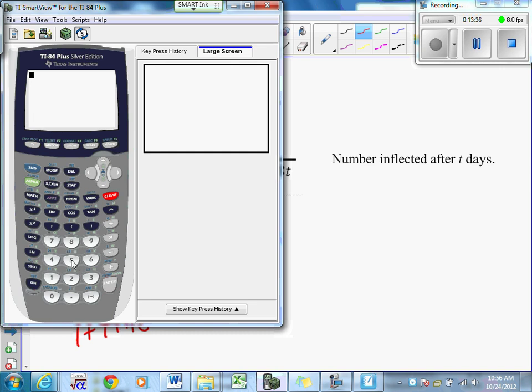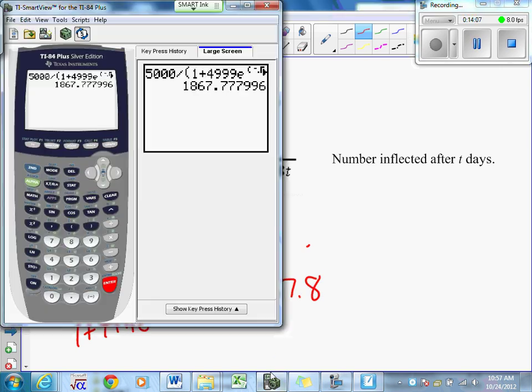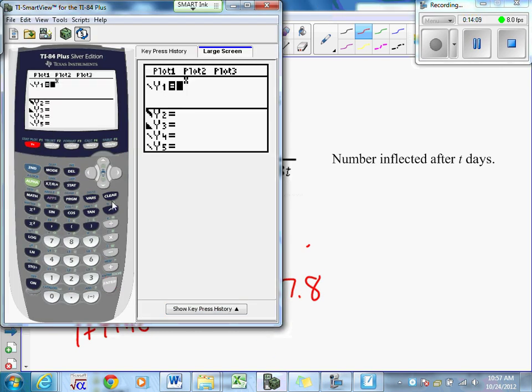And if we do that on our calculator, 5,000 divided by 1 plus 4,999 e to the negative 0.8. Once again, be careful on exponents. And our number is 1,867.8.